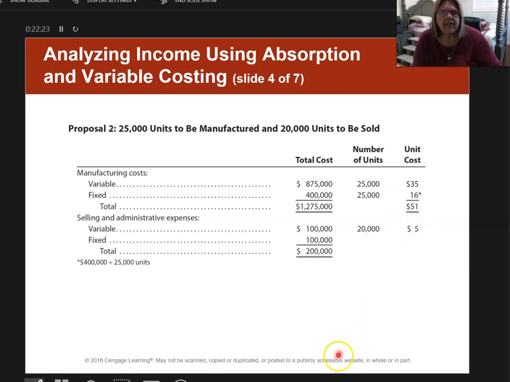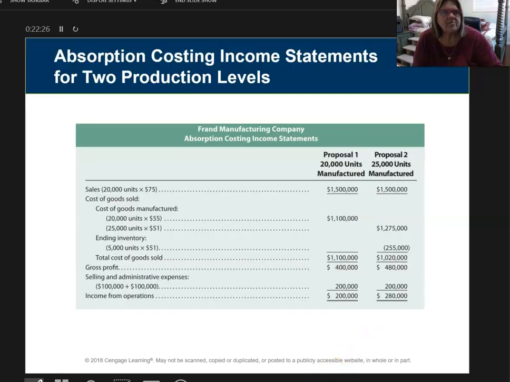So let's take a look at two production levels. Here's proposal number 1, and this is absorption costing first. If I make and sell 20,000, here's what's going to happen. I'm going to end up with $200,000 income from operations.